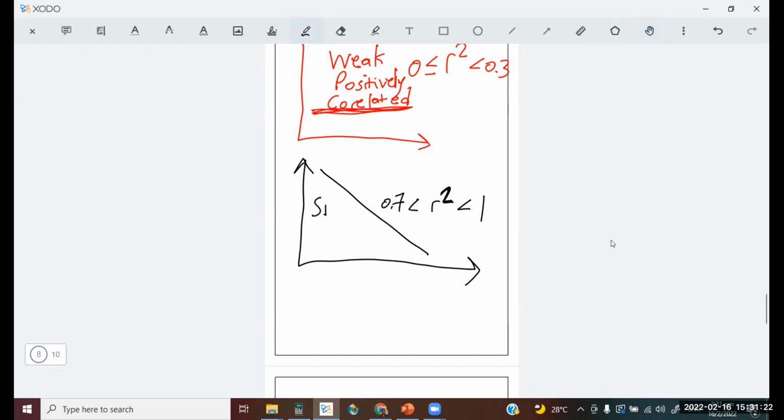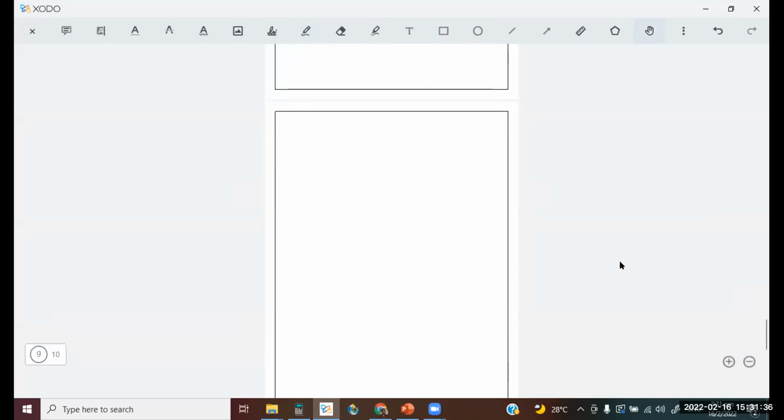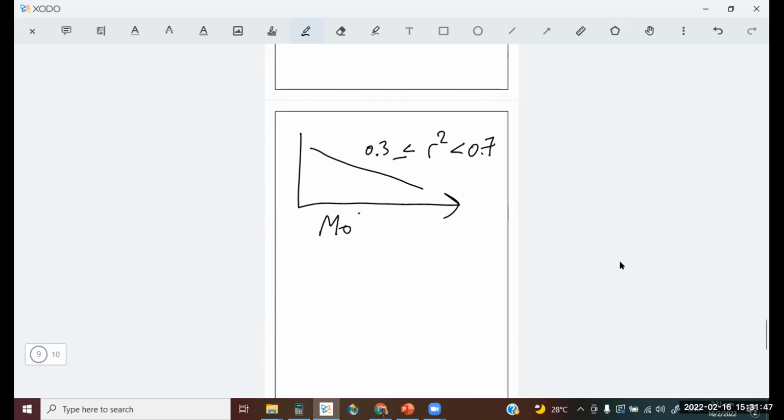In this case, we just say it is strong, negatively correlated. And the rest continue. R square between 0.7 and 0.3, we say it is moderately negatively correlated.